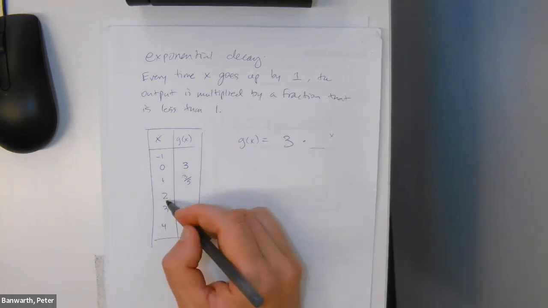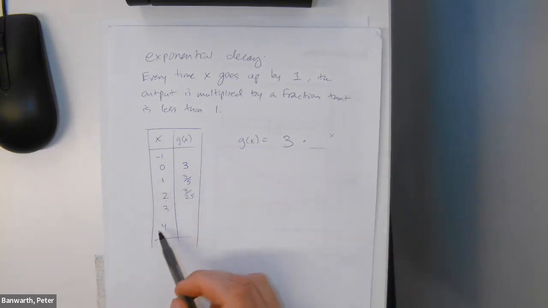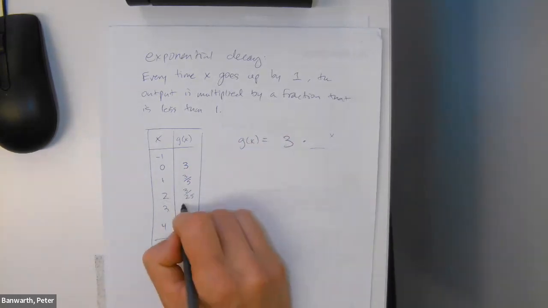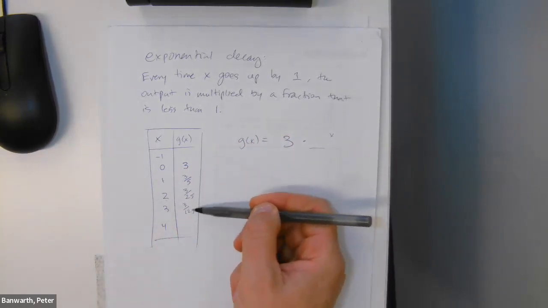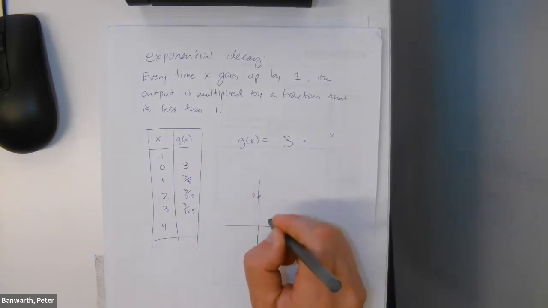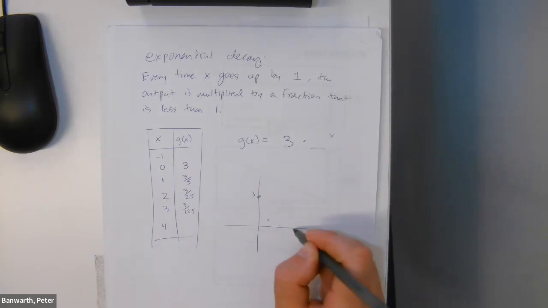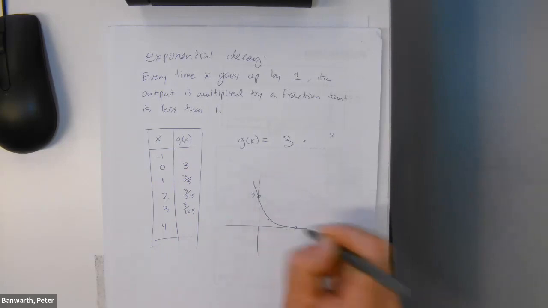If x goes up by 2, this is 3/25. Another 1, and that's 3/125, and you can see these numbers are getting smaller and smaller as I increase. Here's 3, 3/5, 3/25, 3/125, and it's quickly coming down towards 0.